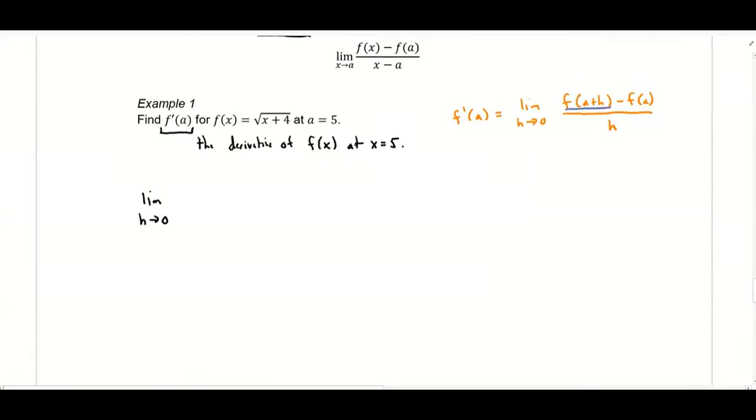F of a plus h means every place I see an x in my function, I'm going to replace it with a plus h. So for this first piece, this is going to be the square root of x, where x is a plus h, and then I've got that plus 4 there as well.